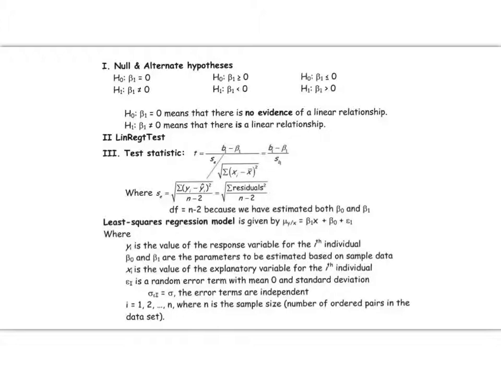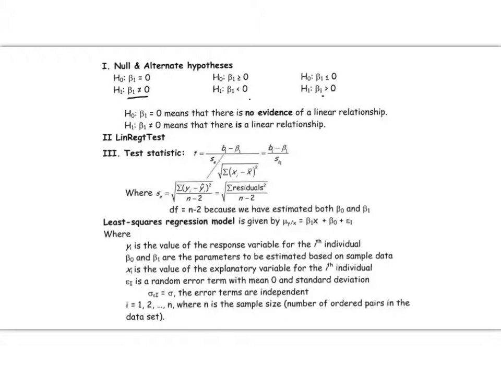And our alternate hypothesis is that our slope is not equal to 0, or we could also do less than 0 or greater than 0. If that is true, then that means that we have a linear relationship. If it's greater than 0, it means we have a positive slope. If it's less than 0, it means that we have a negative slope.